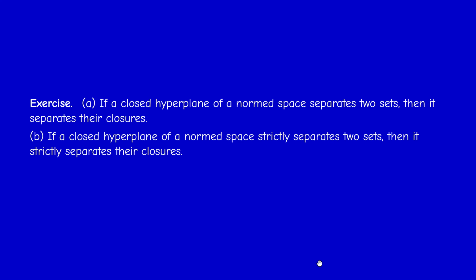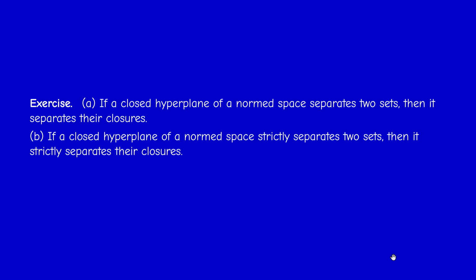So if a closed hyperplane of a normed space separates two sets, then it separates their closures. This is a very useful exercise, and I think we asked it in the exam some time ago. And similarly, if a closed hyperplane strictly separates two sets, then it strictly separates their closures. Try to prove this exercise on your own to really test your understanding of these concepts.